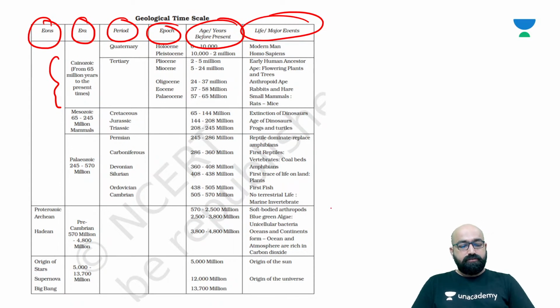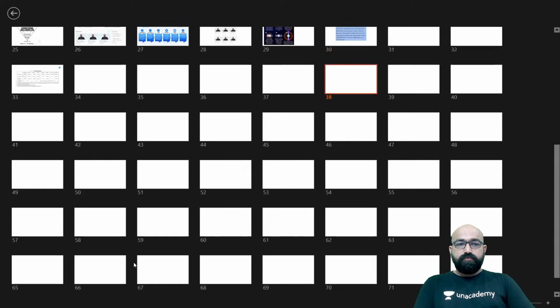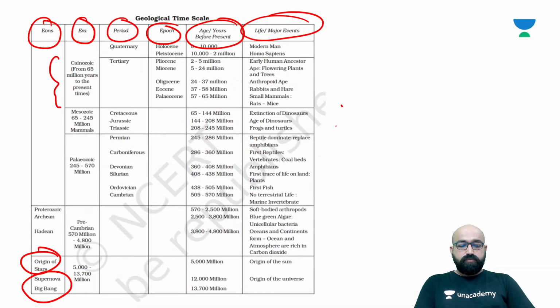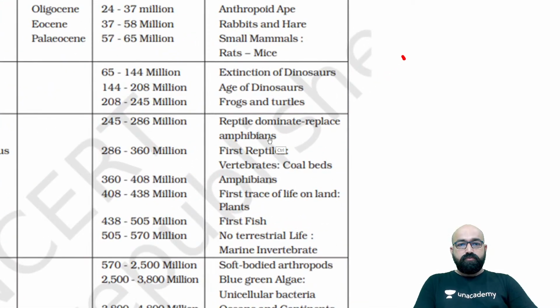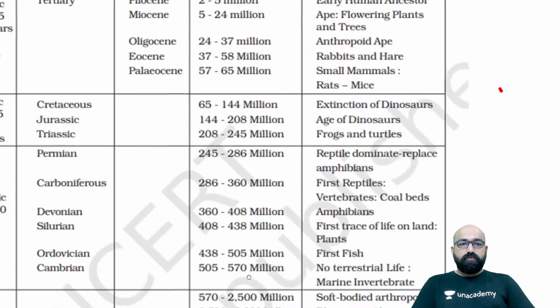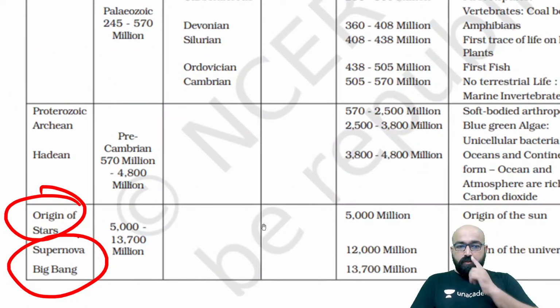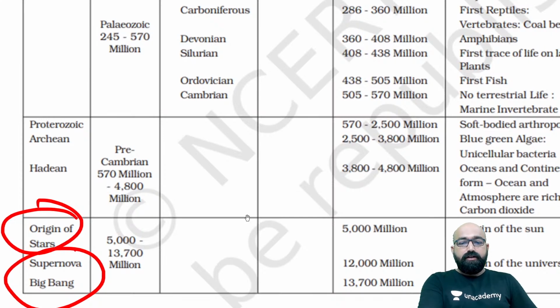So we'll start from the origin of the universe: Big Bang, supernova, then origin of stars, the era between 5,000 to 13,700 million years.